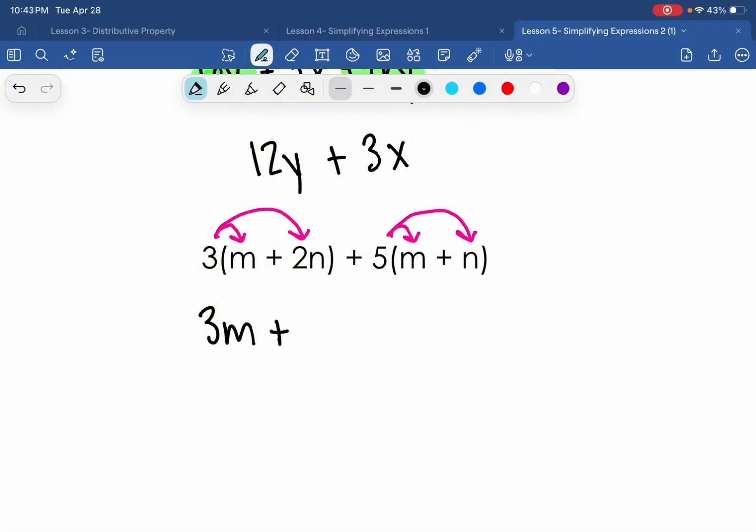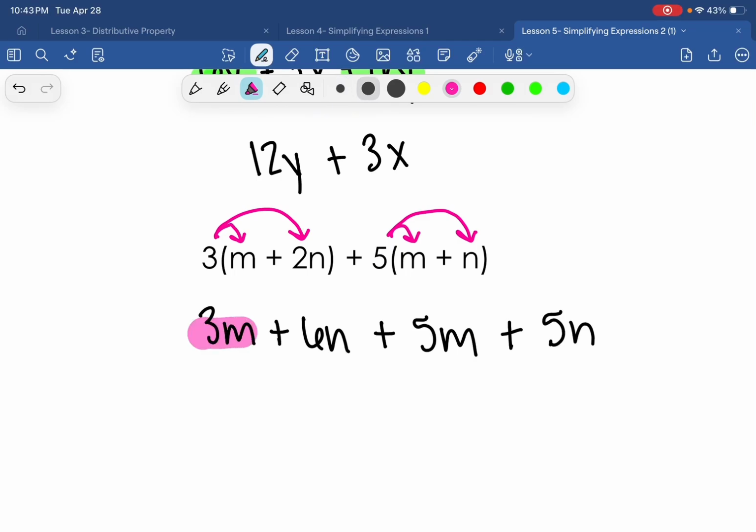Operation sign stays the same. 3 times 2n is 6n. 5 times m is 5m. Operation stays the same. And 5 times n is 5n. Now you can go through and find stuff that is similar. So I see that 3m and 5m are similar.